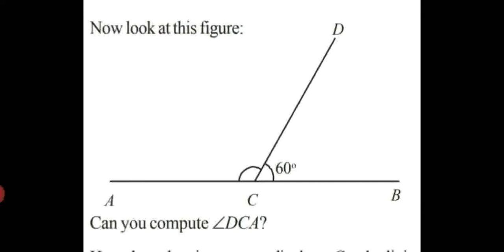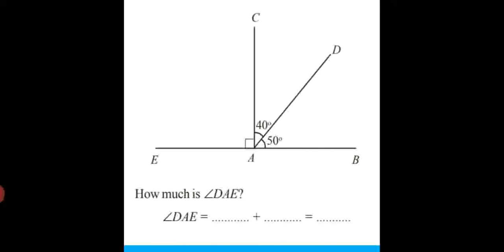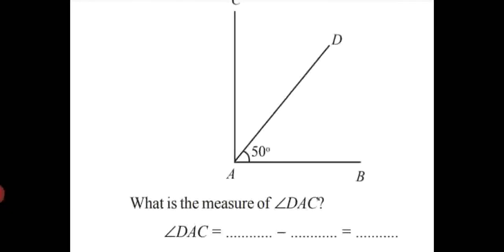Then can you compute angle DCA? One angle is given, the other angle you have to find out. And this is another problem. Here you have to find out the angle DAE. This is very simple. 50 degrees is given, another angle you have to find out.